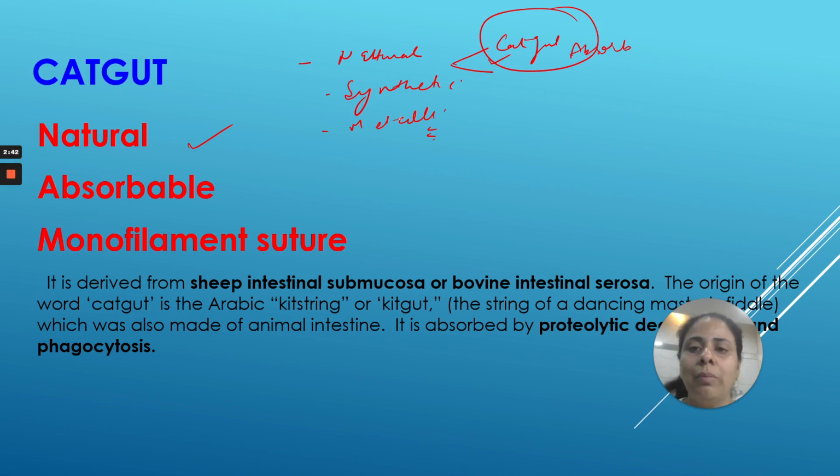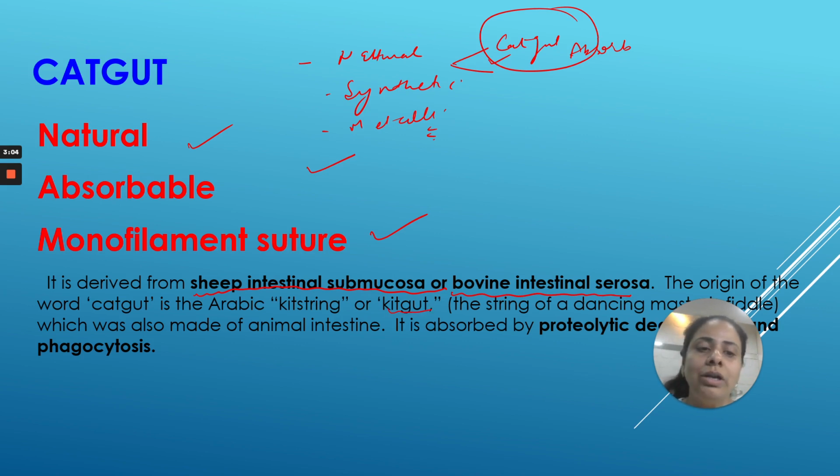There is no doubt about it. This cannot be non-absorbable because it is natural and a kind of protein. So it is an absorbable, monofilament suture. The origin is sheep intestinal submucosa or bovine intestinal serosa, and it comes from the word kitstring or catgut.